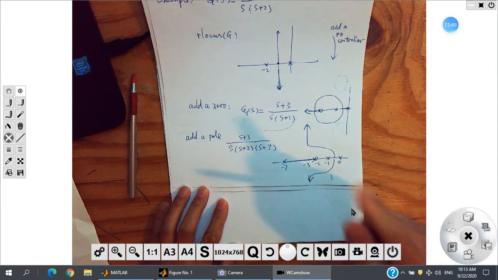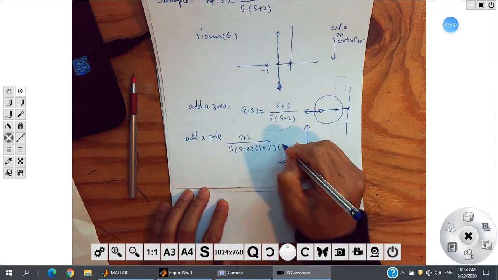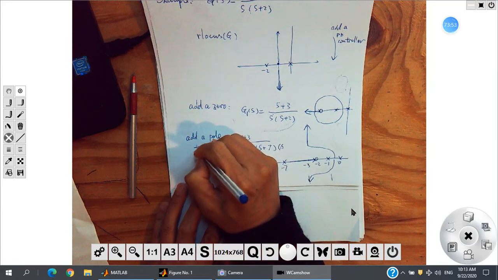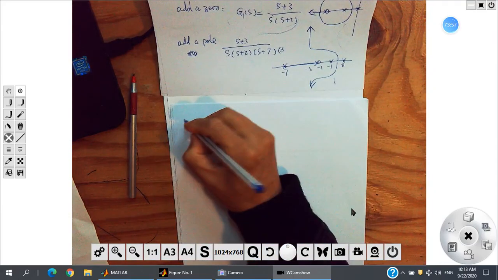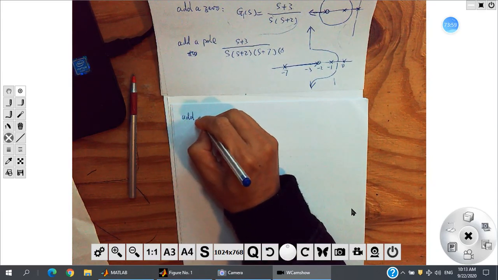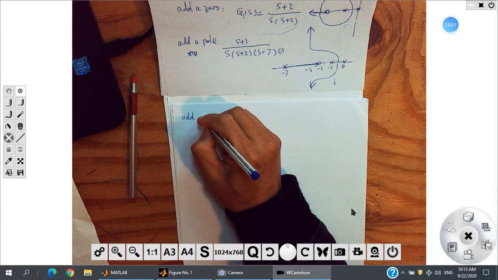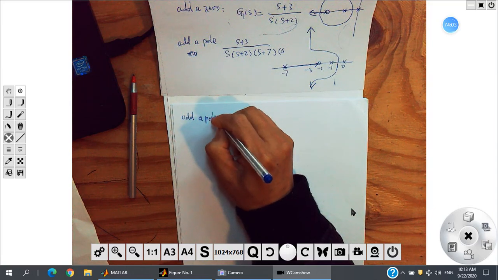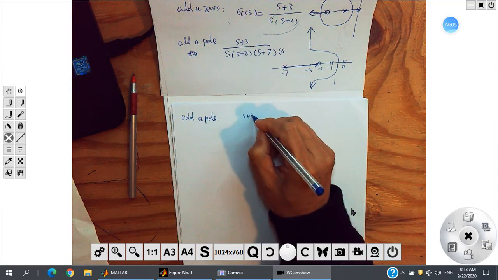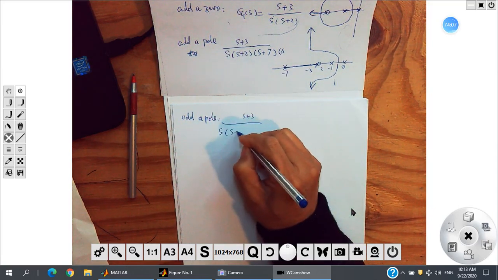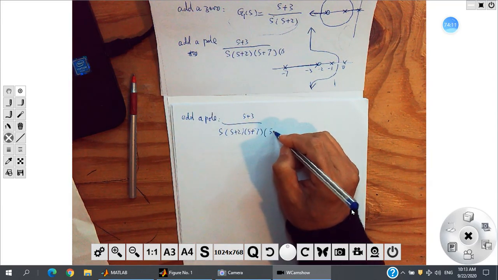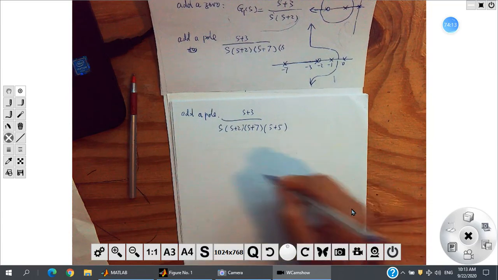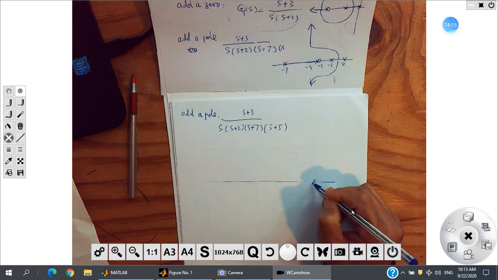If you add one more pole, like s plus 2, add one more. Add a pole. I have s plus 3, s plus 2, s plus 7, and I give one more, s plus 5, and I have a cross at 0.